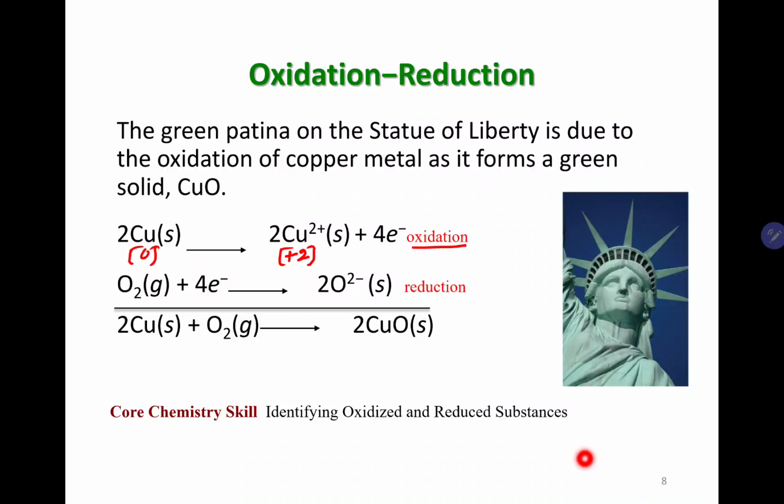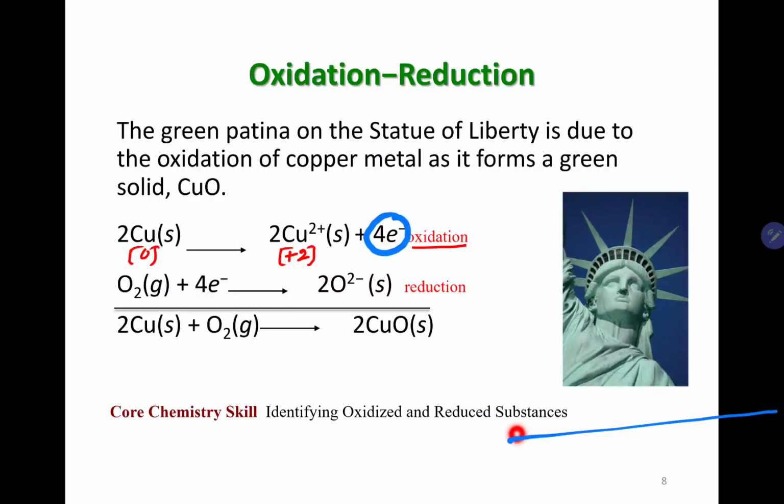In oxidation we learned that it is a loss of electrons, right? So when copper is converted to copper 2 plus, 4 electrons have been lost. So these are the 4 electrons.